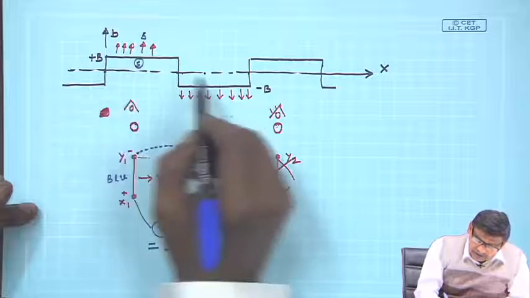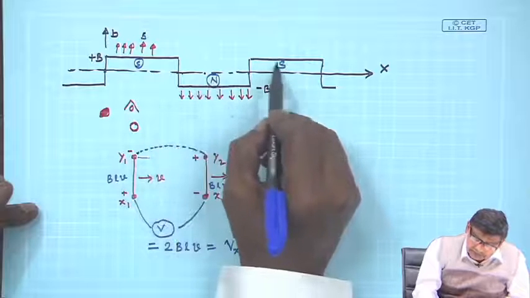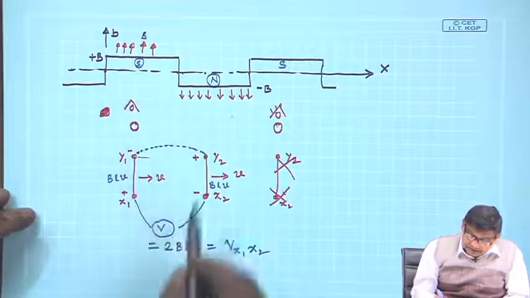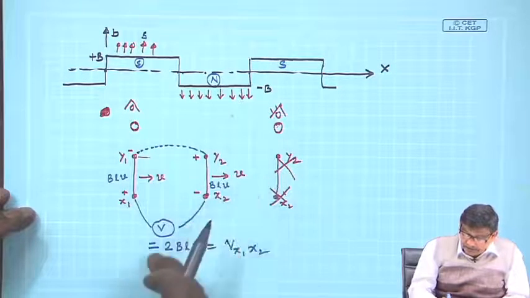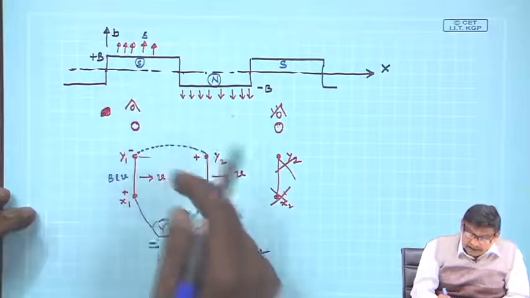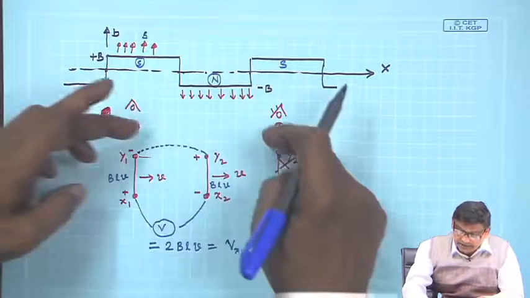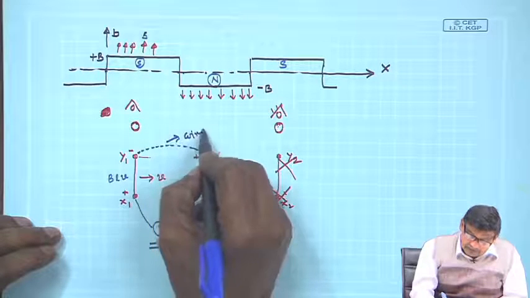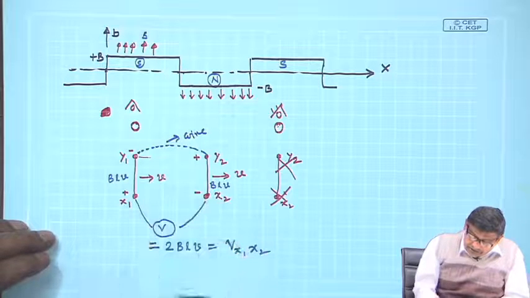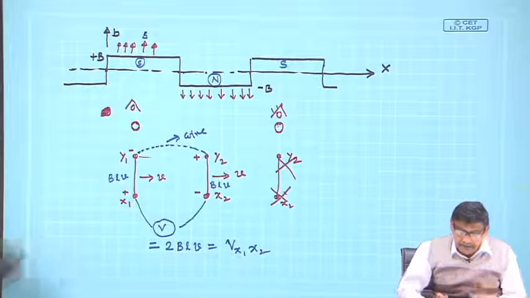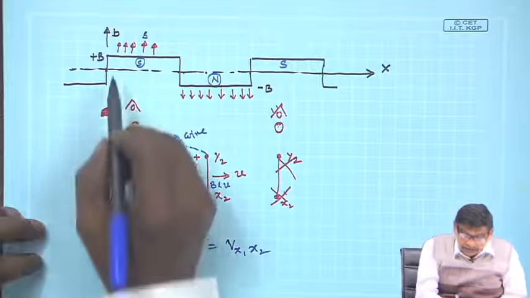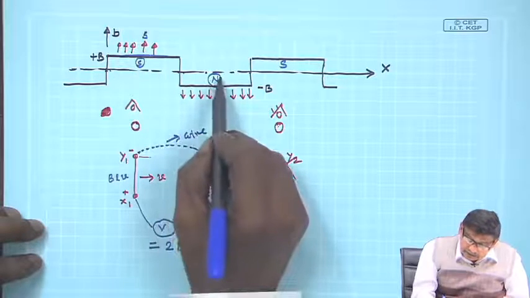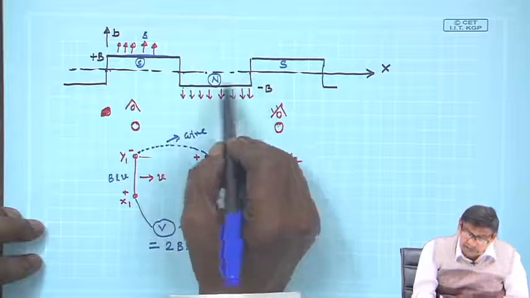If you call this south, this north, this south, then the induced voltage will be, if you connect these two coils in series by a conducting wire, across x1 x2 you will get 2 BLV. Why? Because this amplitude is the same, capital V over this zone, and over this also minus capital V, and so on.